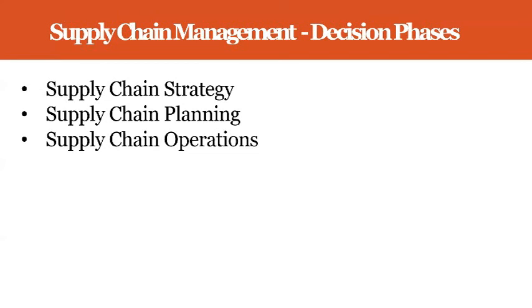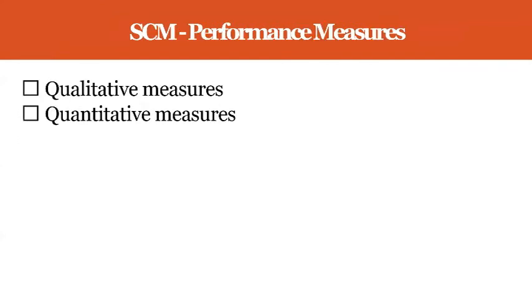And then we have the supply chain operations. That is the third and the last decision. It consists of the various functional decisions that are to be made instantly within minutes, hours, or days. So those are the decision phases of supply chain management.